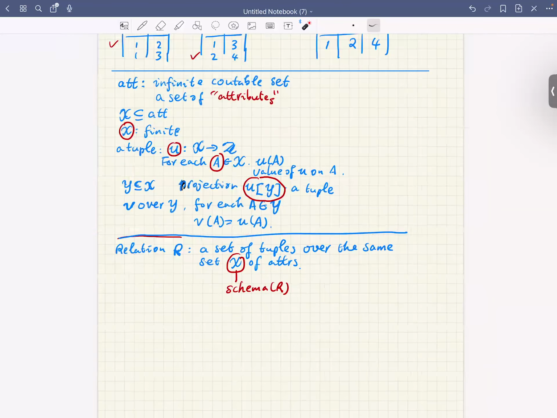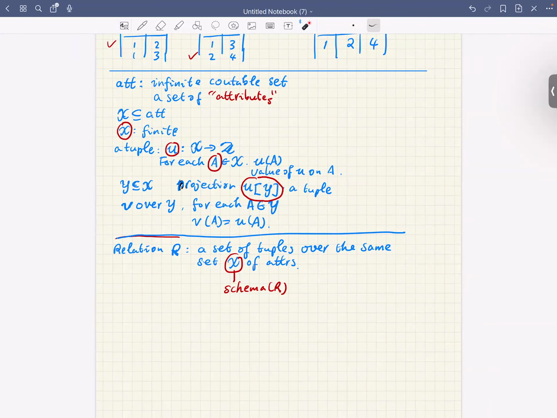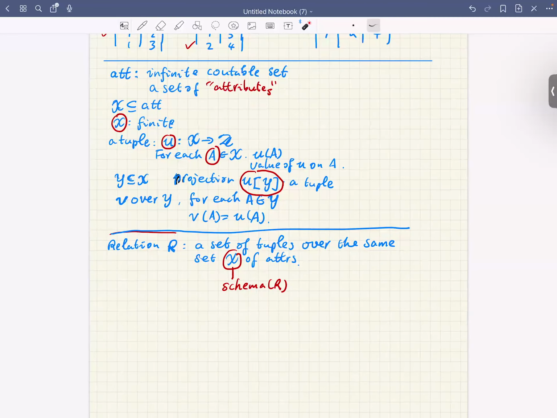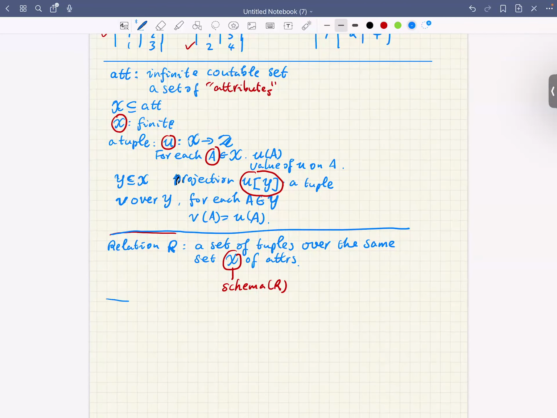Very nice. So finally, now I can define what is meant by a join. This is the place where different textbooks will give you different definitions.